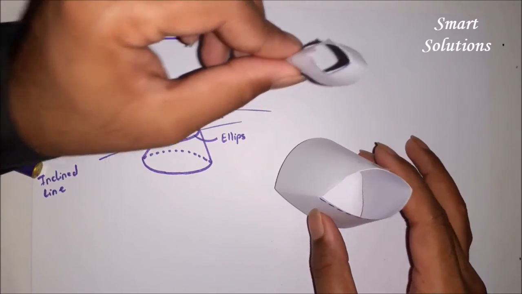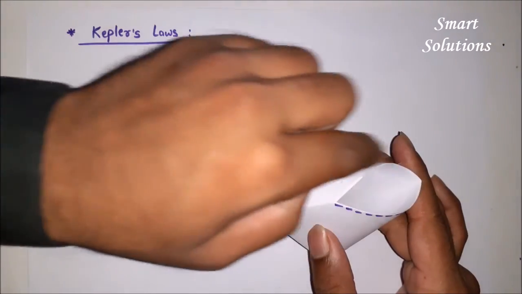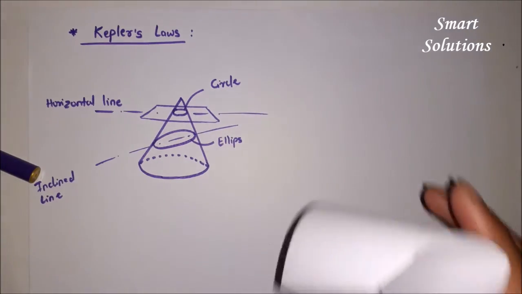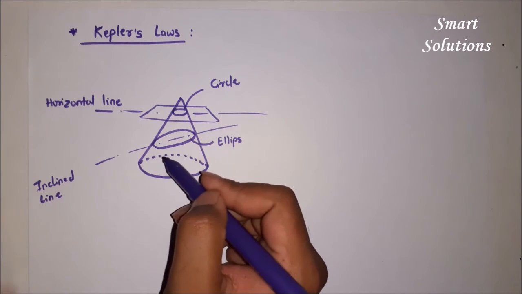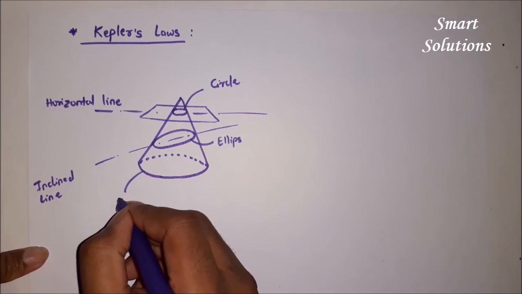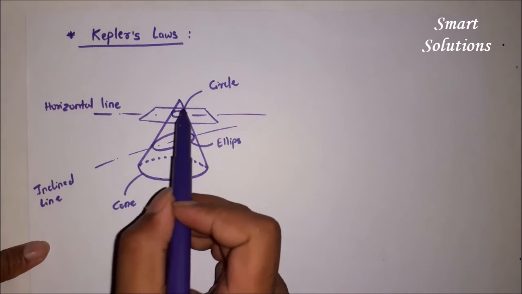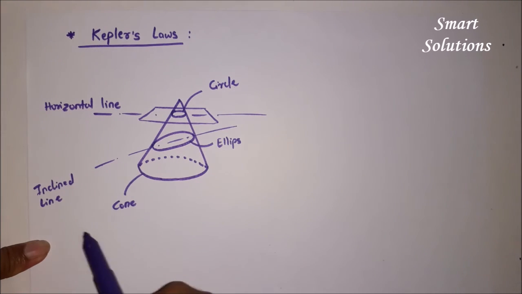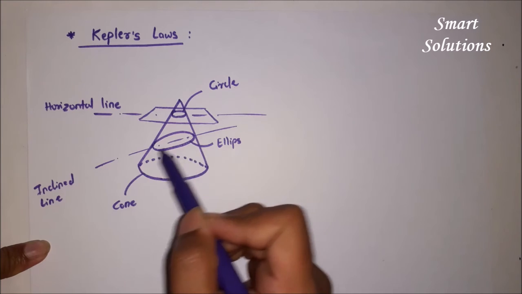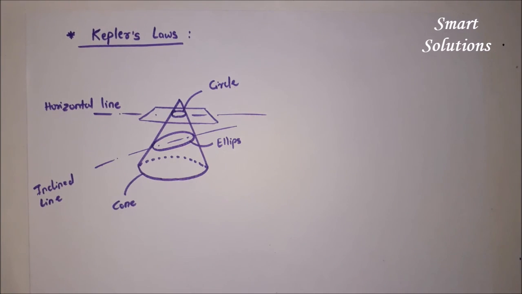But if you consider this case, then this is an ellipse. So now we have understood how we can obtain a circle and an ellipse from a cone. If we cut the cone along a horizontal line, then we will obtain a circle, and if we cut the cone in an inclined plane, then we will obtain an ellipse.